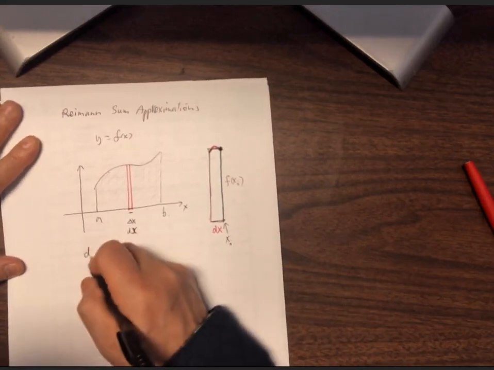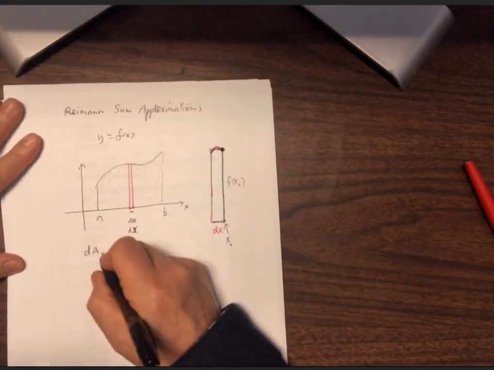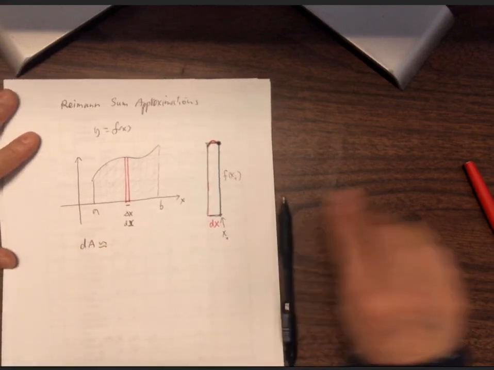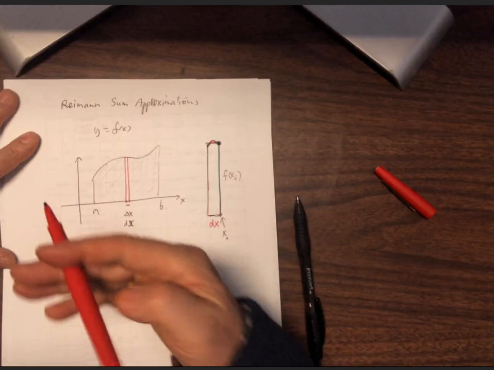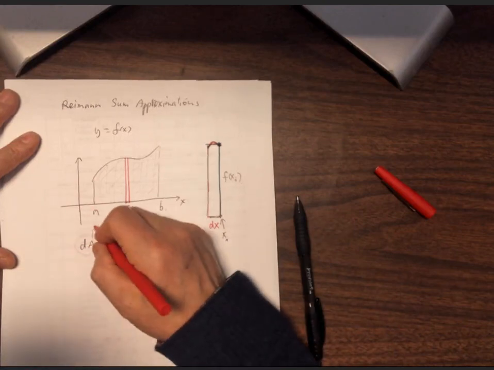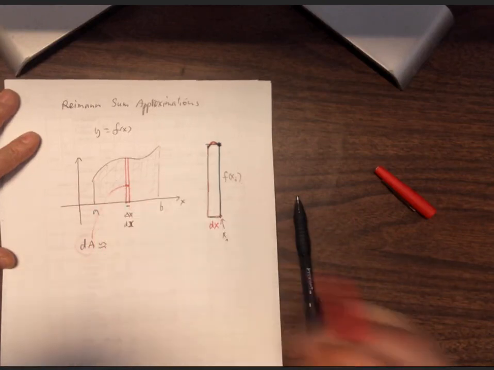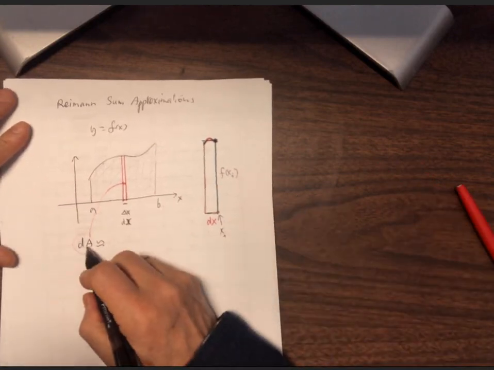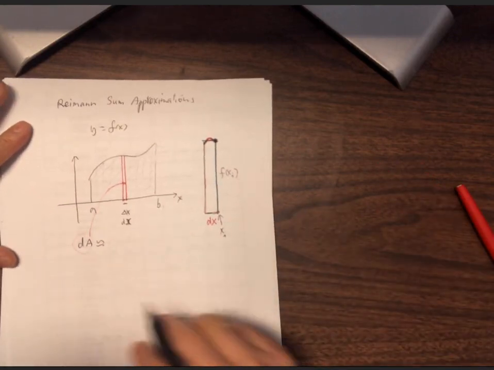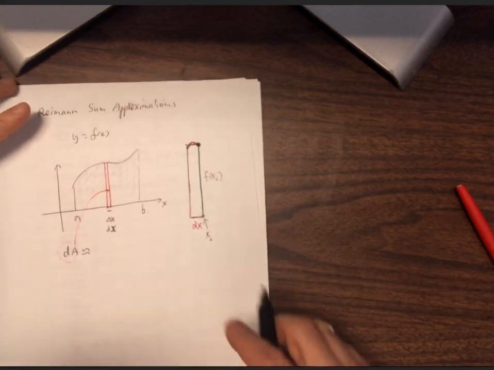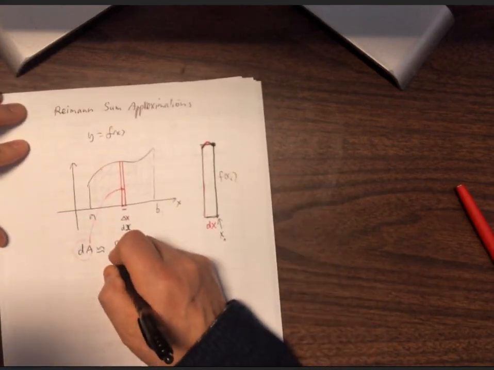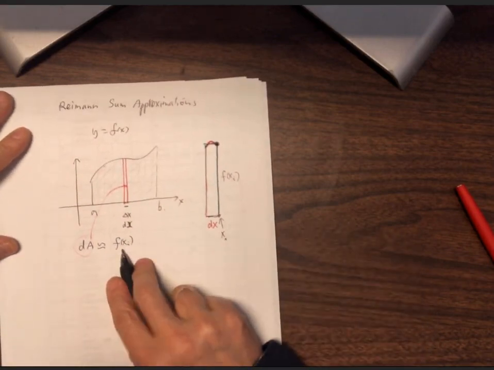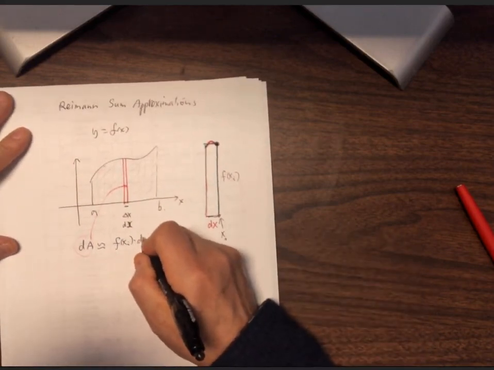So we said area of the strip is approximately equal to, dA represents area of the actual strip. So area of the actual strip is approximately equal to area of such green rectangle, the height times the width.